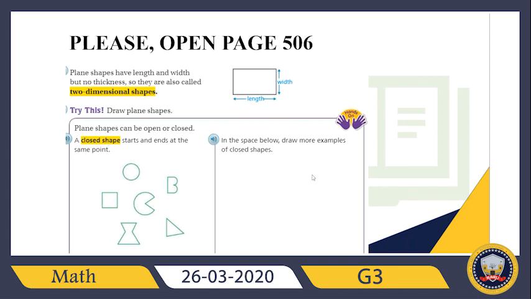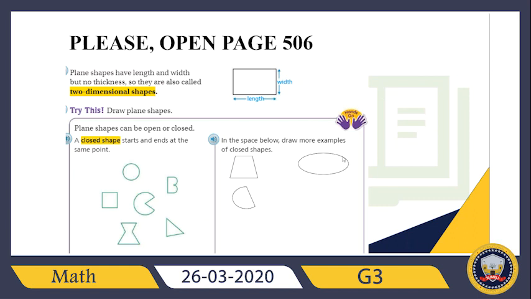Right now, please draw some examples for closed shape. For example, you can draw like this because I start and I finish at the same point. So it is an example of a closed shape. Or this one. Or this. Check. I start from this point.